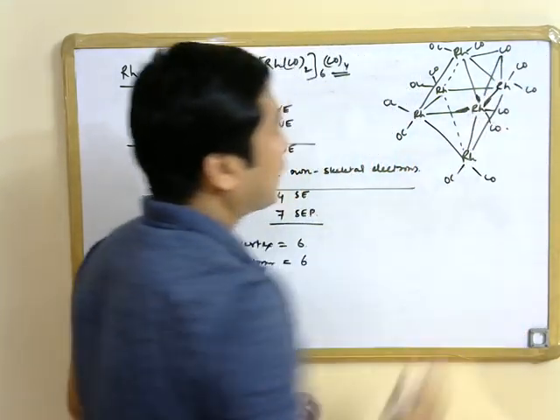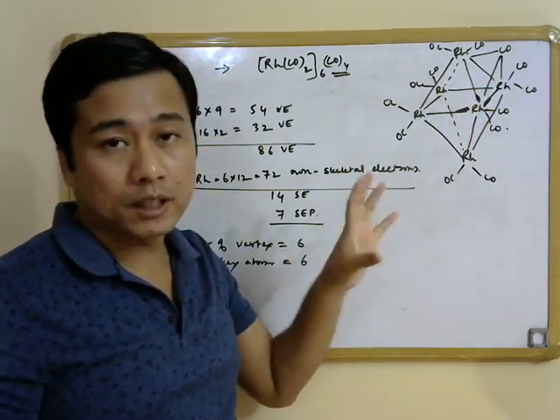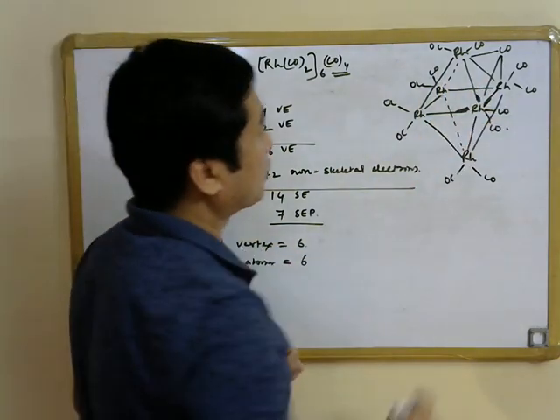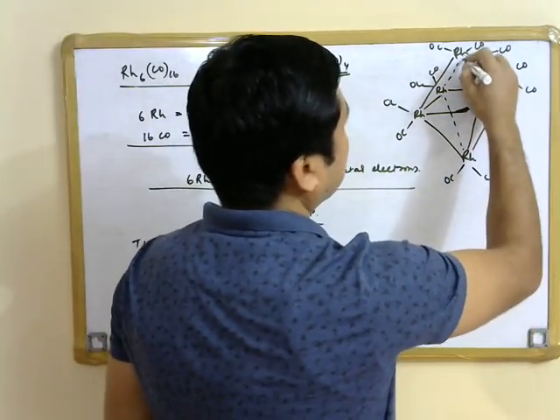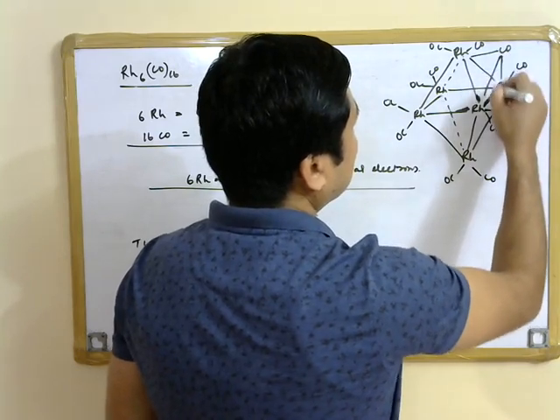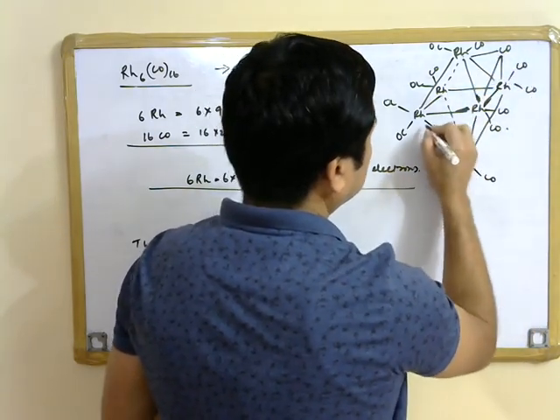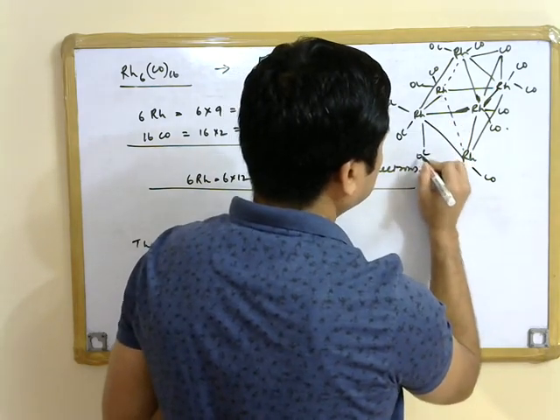At the center of each of these opposite triangular faces, one bridging carbonyl ligand is present. So this is one triangular face of the octahedron, and the opposite triangular face for this one is actually over here.